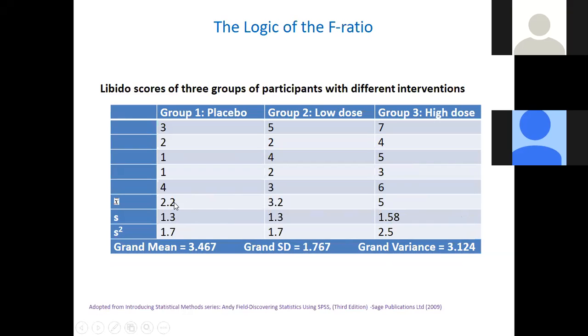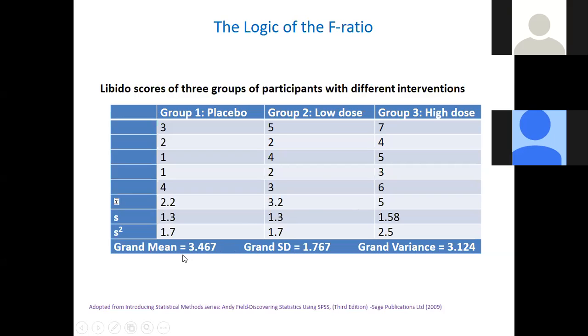We also have the variance in each group. There is also a variance between groups that is hidden. I told you the other time, you can add the three means together and divide by 3 to get the grand mean.